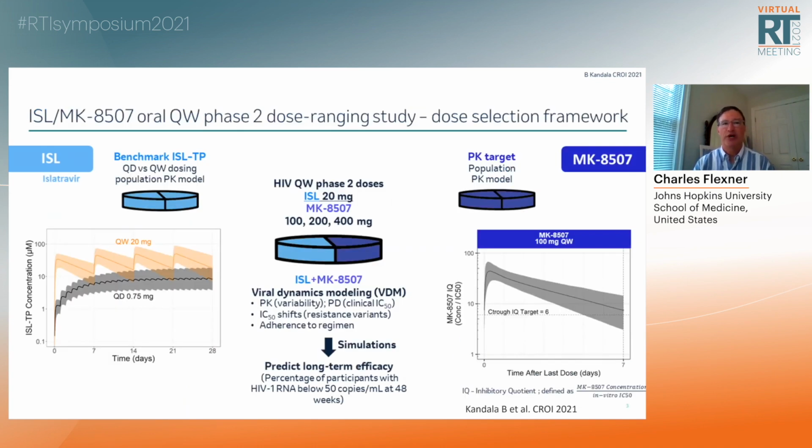As a consequence, islatravir at the dose of 20 milligrams once weekly is now in clinical development in phase 2 treatment regimens combined with MK-8507 at doses of 100, 200, or 400 milligrams.